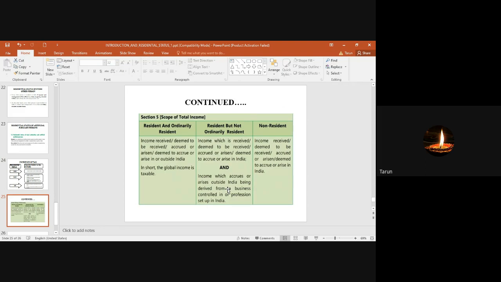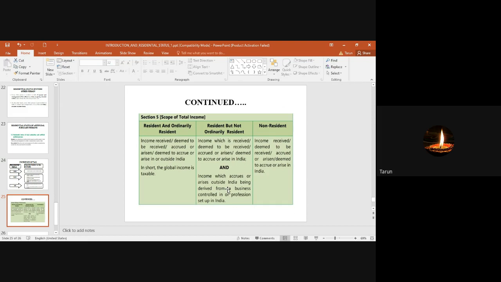Now we talk about the scope of the total income: resident and ordinary resident, resident but not ordinary resident, and non-resident. These are the conditions where the income is taxable or non-taxable. If it is a non-resident, any income received, earned or deemed to be received in the upcoming years, or to be earned in the coming years in India, is liable to tax.